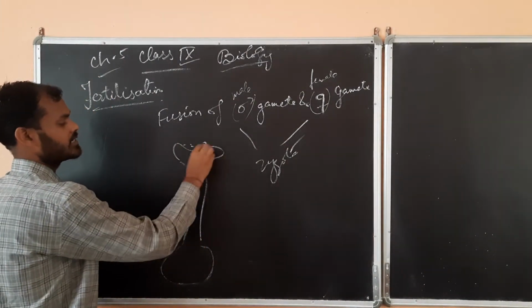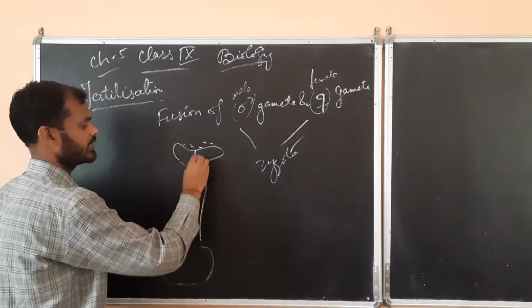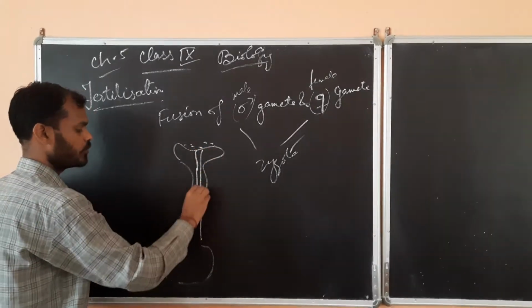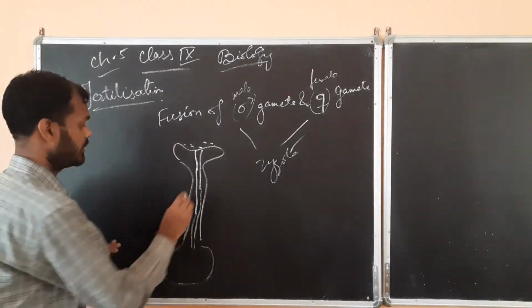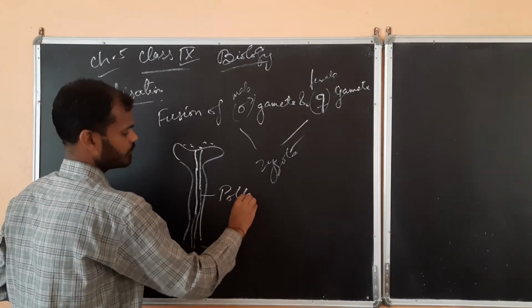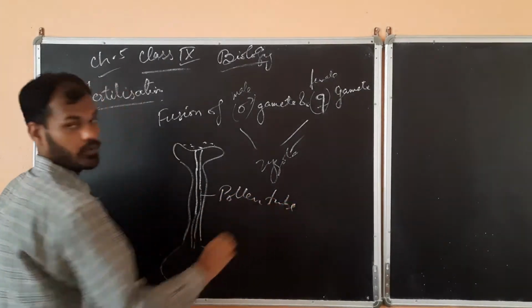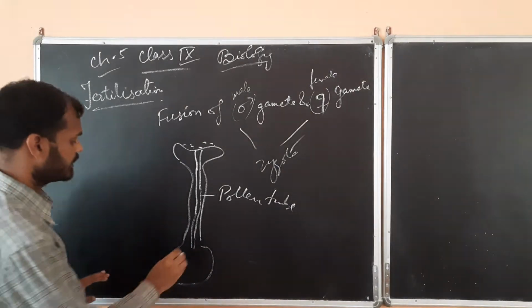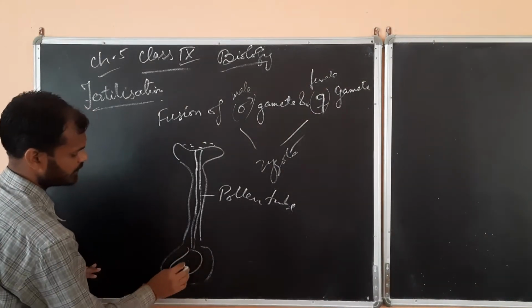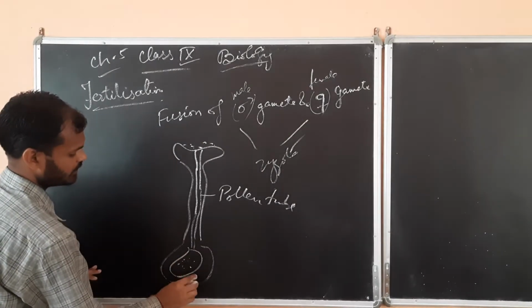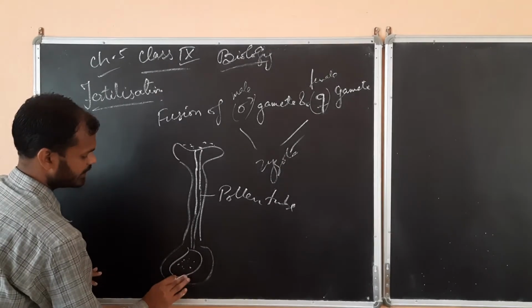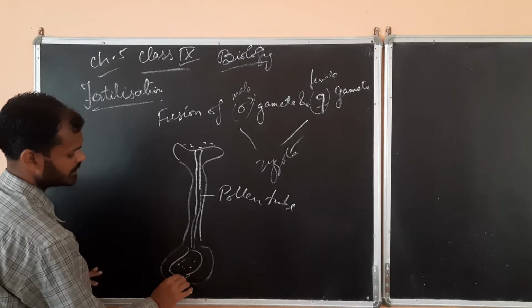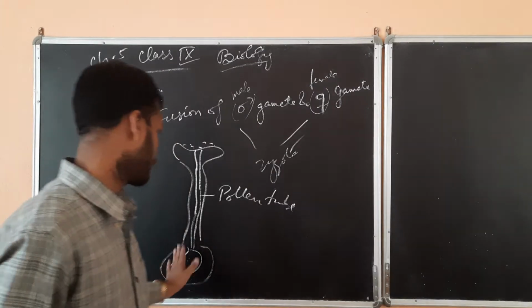When pollen grains come here, a pollen tube will be formed. Okay, so this becomes your pollen tube. One pollen tube will be formed, and inside this you are having eggs. Here they will have the chalaza end and the micropyle end.